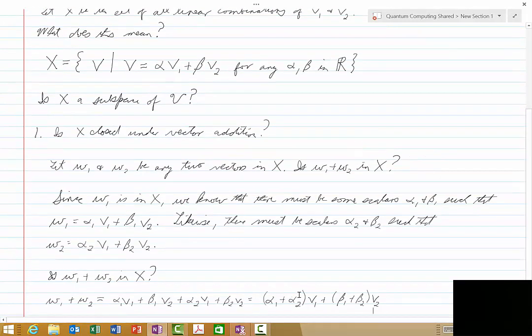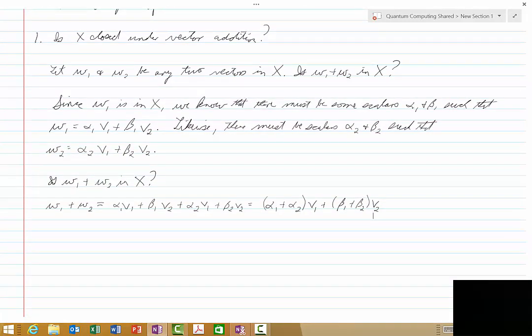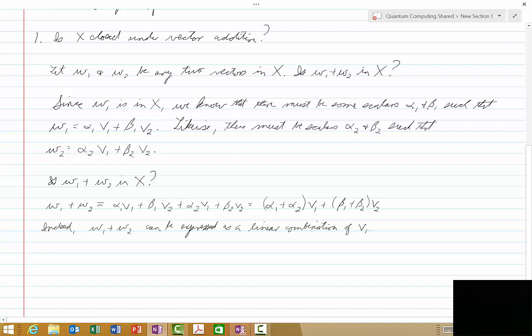So what we've shown here is that indeed W1 plus W2 can be expressed as a linear combination of V1 and V2.